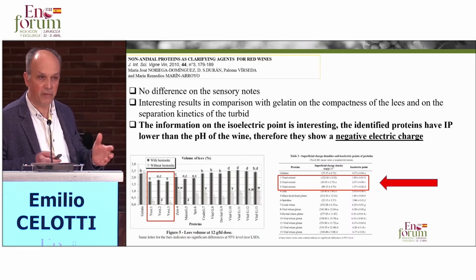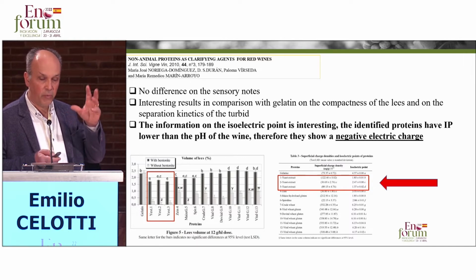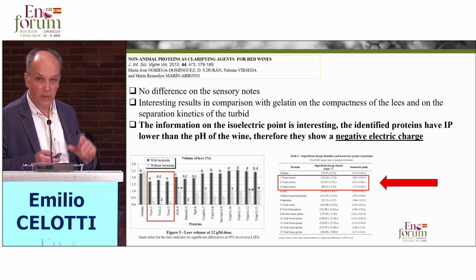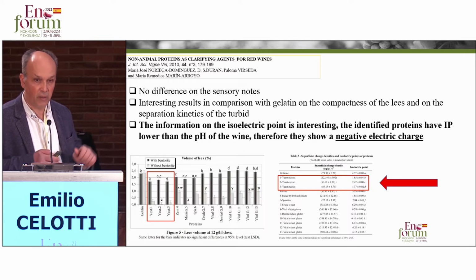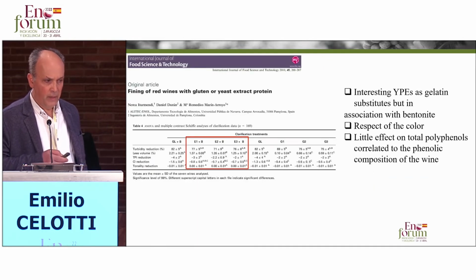This implies a modification on the electric charge of the system, because the proteins of the wine have a positive charge at the pH of the wine, but here we have opposite values, and one can think, why not? If we have a negative charge, even though the electric charge is not the only phenomenon, we could use them for protein stability.